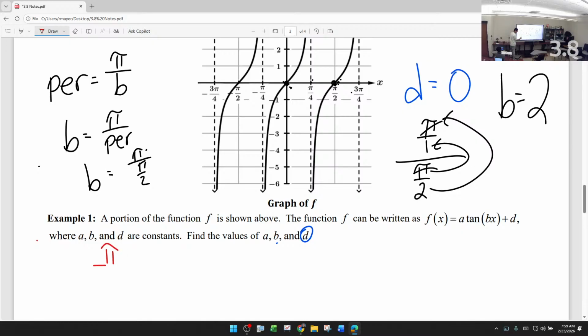Normally pi over 4 is my 1, because that's where sine and cosine are the same thing. But this one's going twice as fast, so pi over 8 is where my new 1 is.